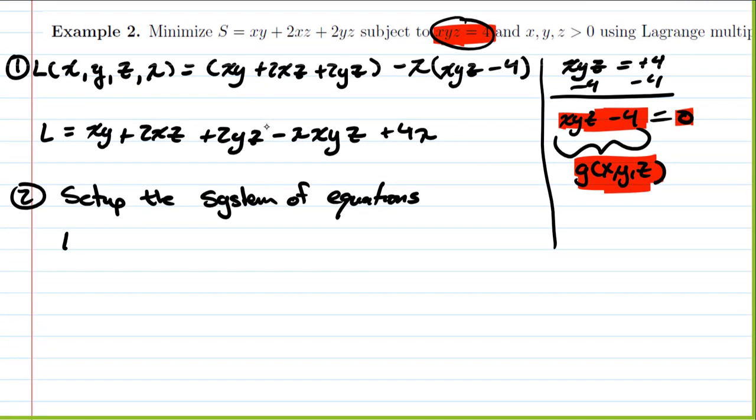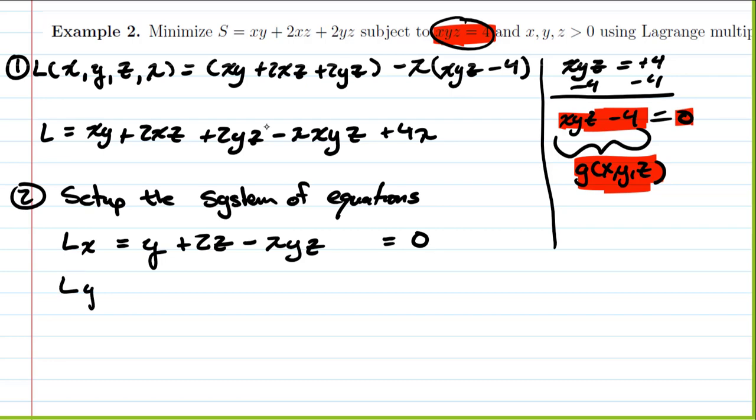So let's find L sub x first. We're going to get y plus 2z, third term is 0, minus lambda yz, and then the derivative of 4 lambda is going to be 0. So that gives us our L sub x, which we're going to have to make equal to 0.